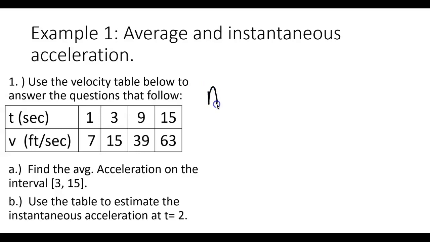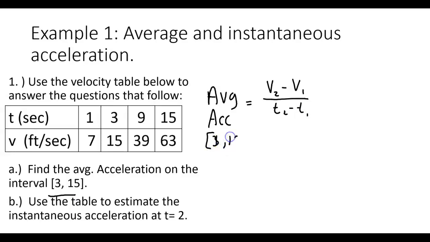Well, average acceleration is equal to velocity 2 minus velocity 1 over time 2 minus time 1. And since we're looking at the time interval of 3 to 15, those are my time values. T2 is 15, T1 is 3.